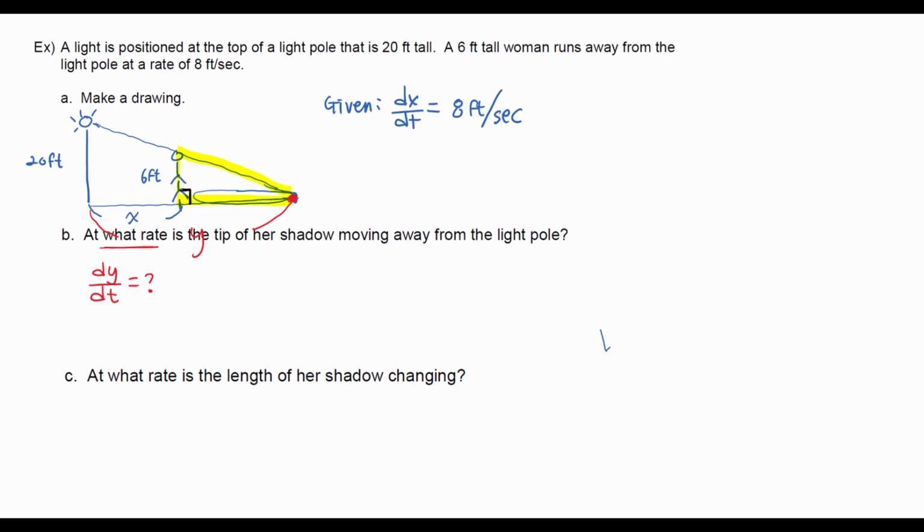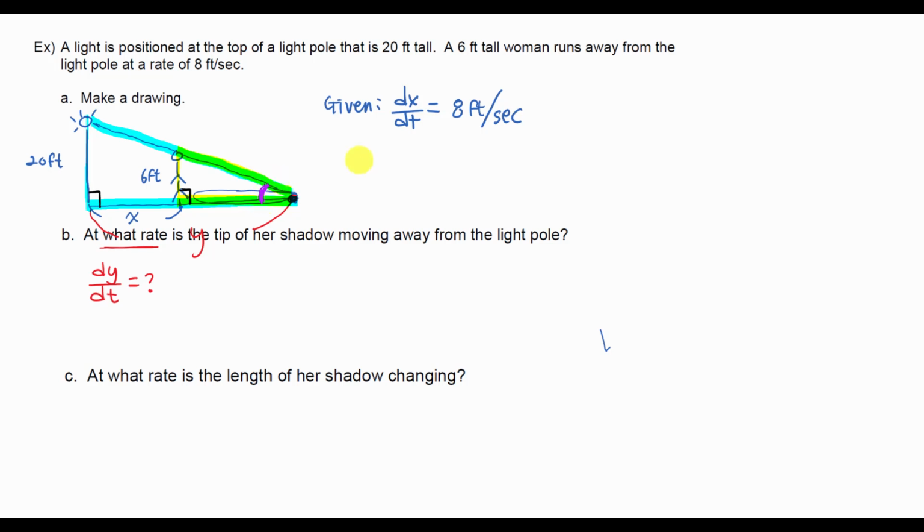And there is another triangle made by the light pole and the ground with the tip of her shadow. That is a larger triangle. It's also a right triangle, since a light pole and the ground make a 90-degree angle. Both triangles have the same angle where the tip of her shadow is. So they both share this angle.